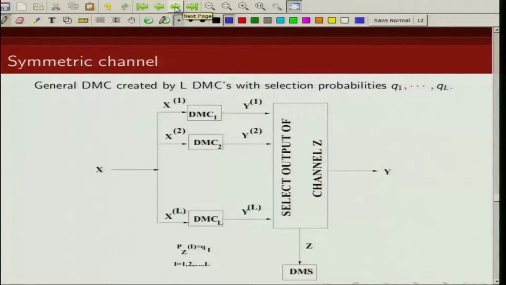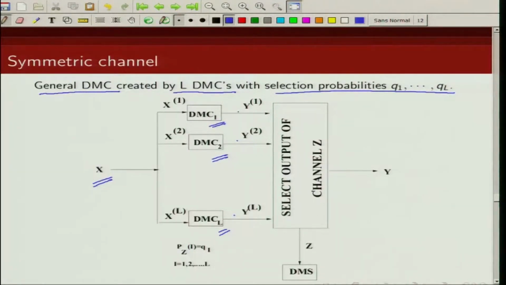So this is a block diagram of how things will look. You can think of a general discrete memoryless channel created by L discrete memoryless channels with selection probabilities Q1, Q2, Q3. So I have my input X, and you can think of I have L such discrete memoryless channels. I am choosing each of these channels with probability Q1, Q2, Q3, up to QL.